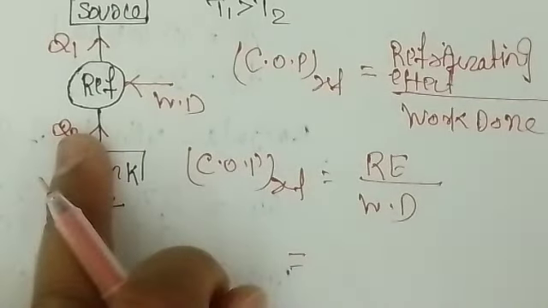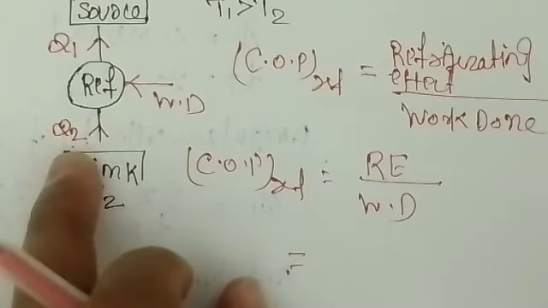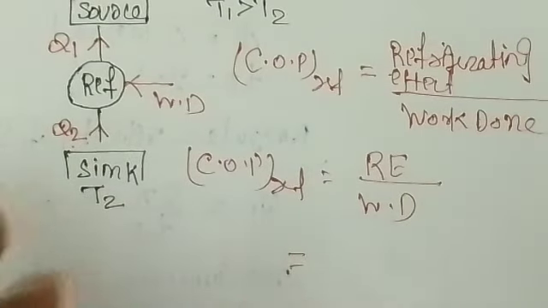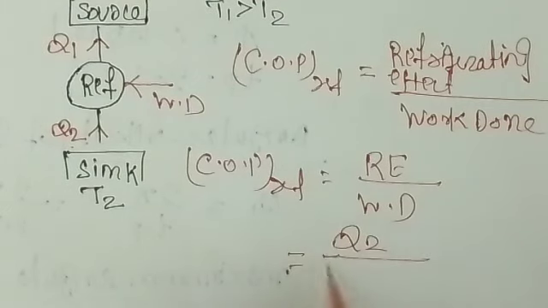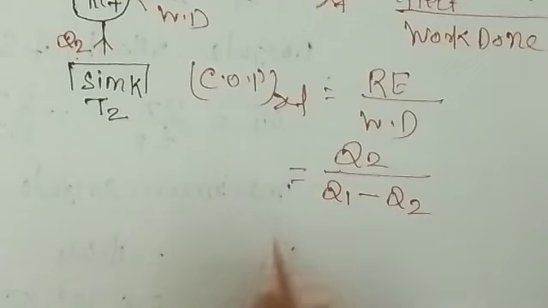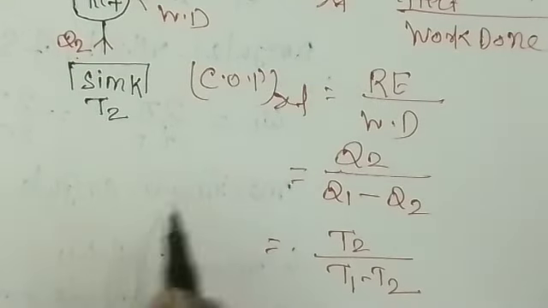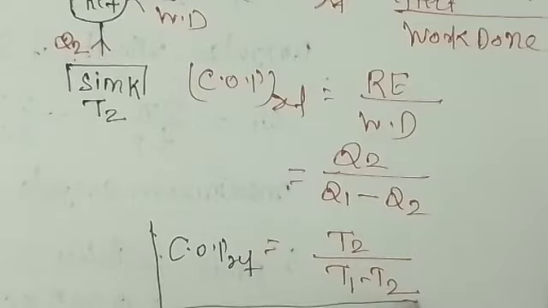You have to cool the system, and cooling means maintaining the temperature below that of the surroundings, whatever the atmosphere temperature, the system temperature should be less than the surroundings. So this is Q2 by work done, and work done is nothing but Q1 minus Q2, right? So this is T2 by T1 minus T2. So this is the COP of a refrigerator.